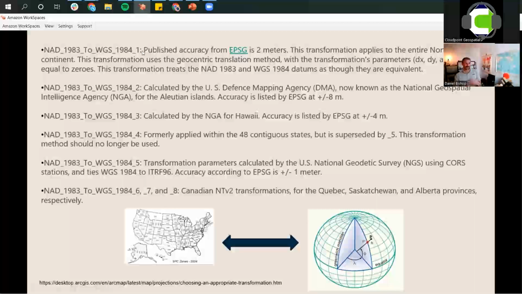They often just label it with a 1, a 2, 3, 4, 5, 6, 7, 8, to differentiate between these transformations. Essentially, with each transformation, it's small mathematical differences in the calculation that you're choosing between. And currently, what's published on ESRI suggests that we should use the NAD 83 to WGS 84 5 transformation type.